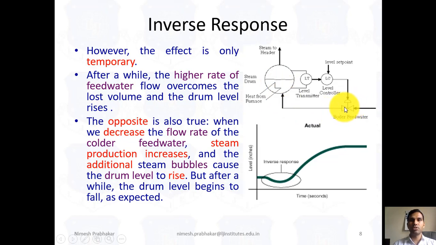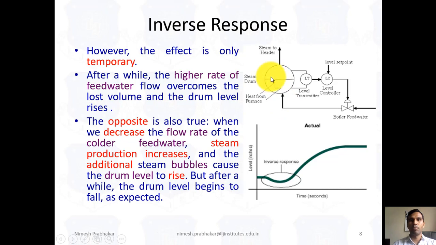Now we reduce the flow of the inlet water into the drum, so at that time the cold water flow rate is decreased. The steam production increases, because of the pressure difference when we reduce the flow rate.